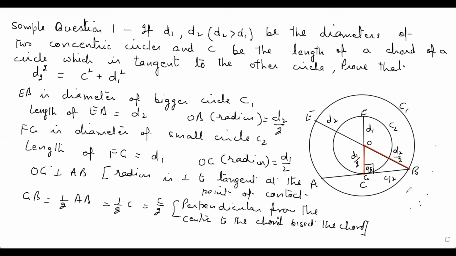Now in right angle triangle OGB, apply Pythagoras. OB square is equal to OG square plus GB square. OB is D2 by 2 whole square. OG is D1 by 2 whole square. GB is C by 2 whole square.